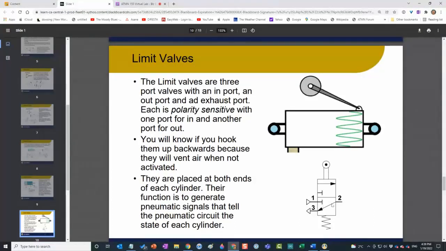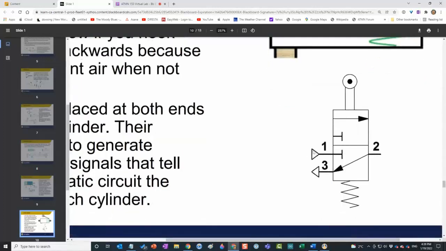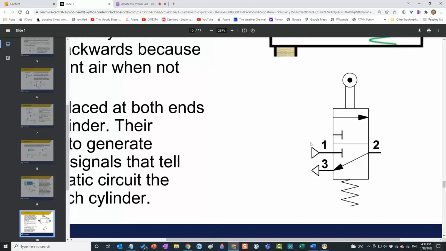And the reason I know that is because when I zoom in here, look at this, port 1, where I do have pressurized air, remember that's the symbol for pressurized air, port 1 is blocked. Port 3 is connected to exhaust, so if there is any pressurized air stuck in port 2, it can vent out here. This guy is in its normal state. This is a normally closed valve, or again, I call it a normally non-passing valve.